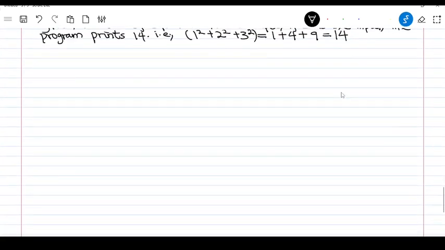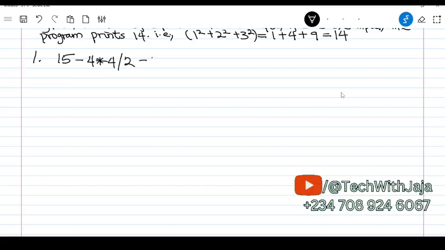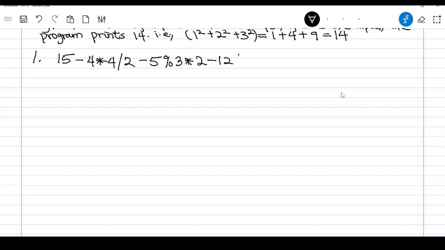Okay, so let's copy the first one out. Let's go with 1i. So 1i is here. We have 5 minus 4 times 4 divided by 2 minus 5 modulo 3 times 2 minus 12 divided by, sorry, this is division, not a modulo, minus 12 divided by 2 times 3.